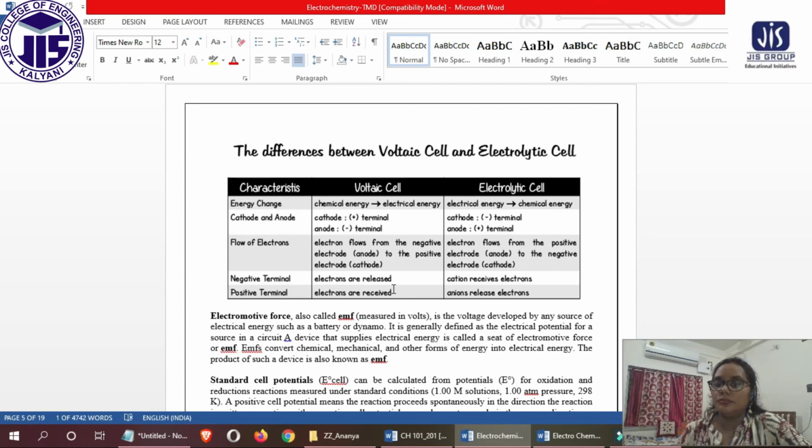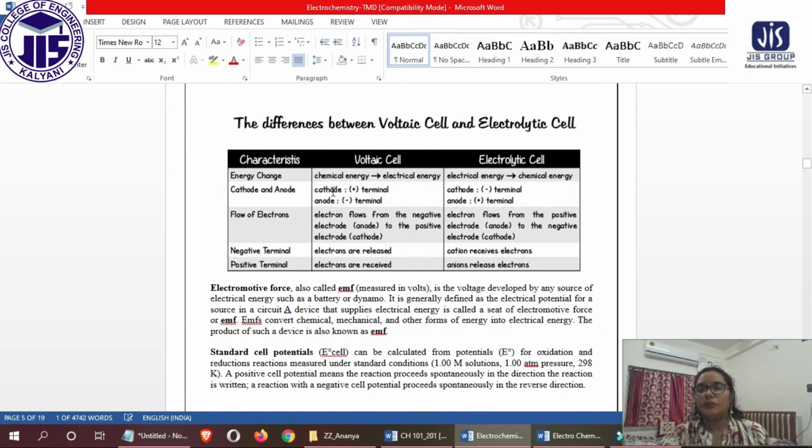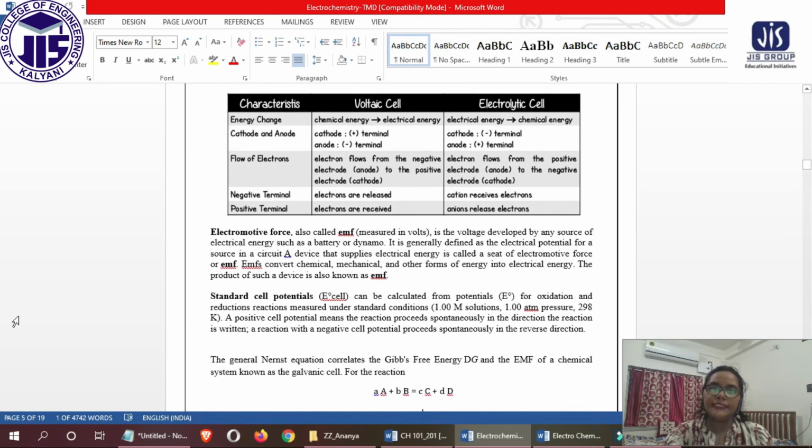That means the positive terminal, which is the anode, will release the electrons. Okay. So, these are some of the differences that we have between the voltaic cell and the electrolytic cell.